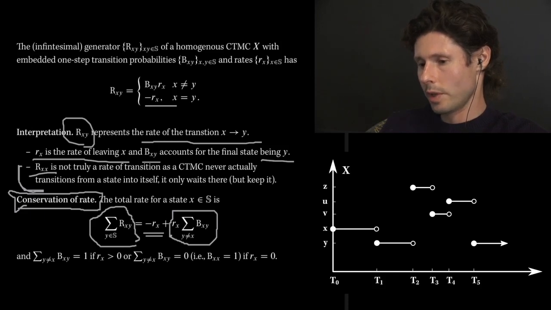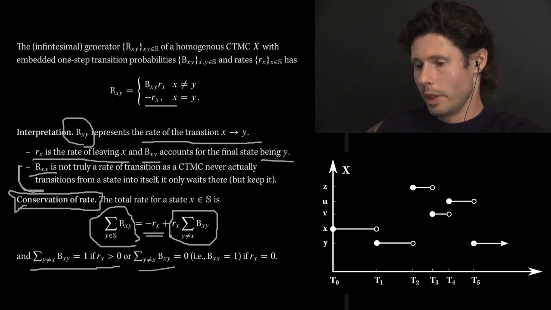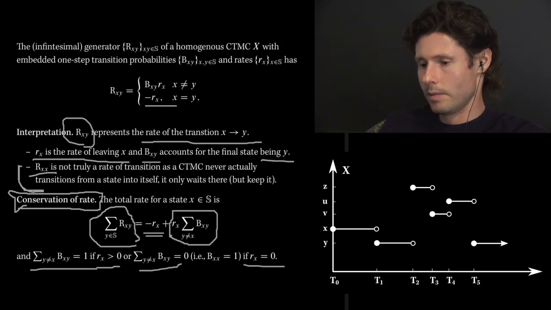And what you'll notice is that either way you cut it, in the end this whole thing is 0. This sum will either be 1 if the rate of leaving x is greater than 0, or it will be 0 whenever R_x is 0.